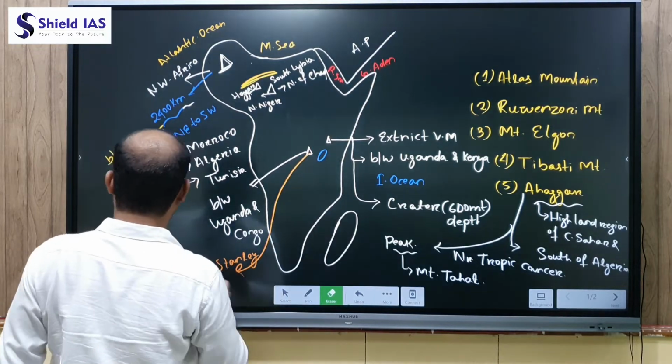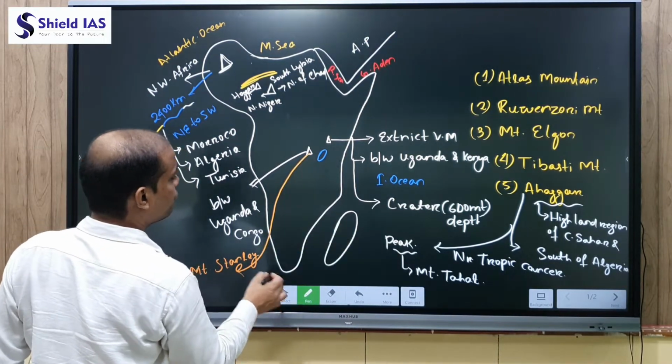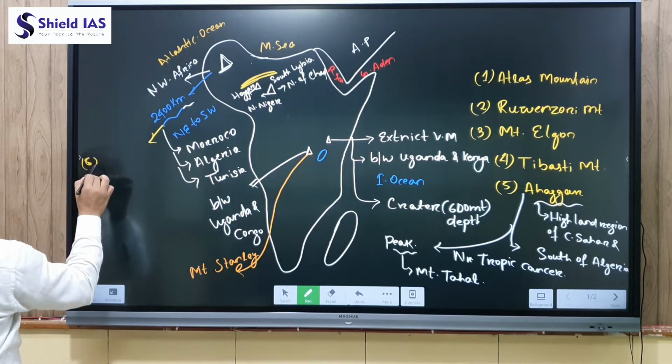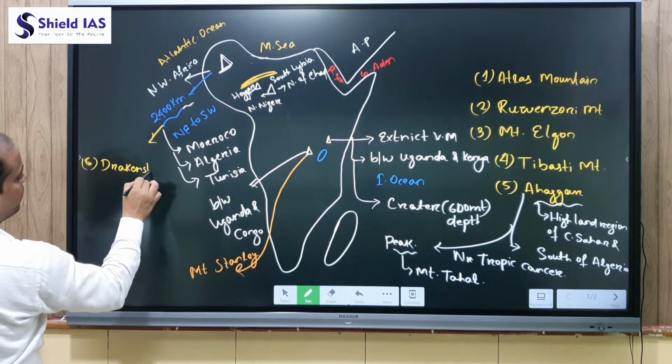And after Agar mountain, the sixth mountain is Drakensberg.